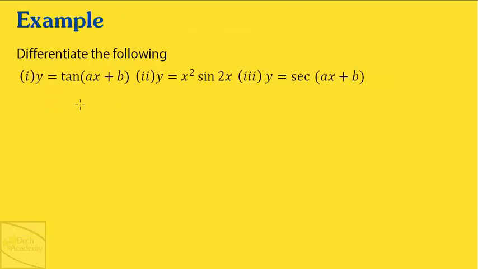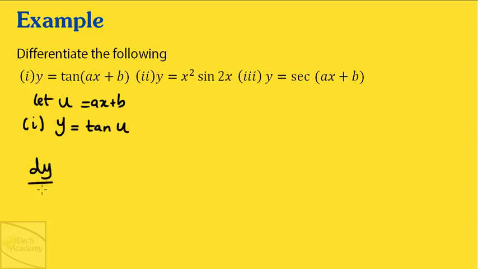So the final example, these are actually easier than the first ones. In this case, we have y is the tan of ax plus b. So I'm going to say let u equal ax plus b, which means that y is the tangent of u. So what is dy dx?